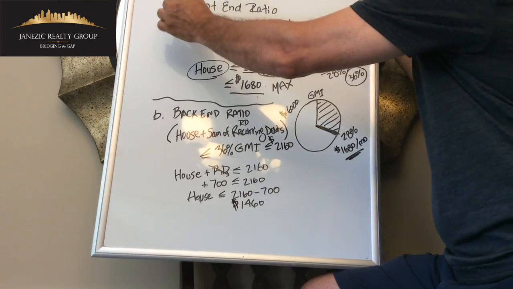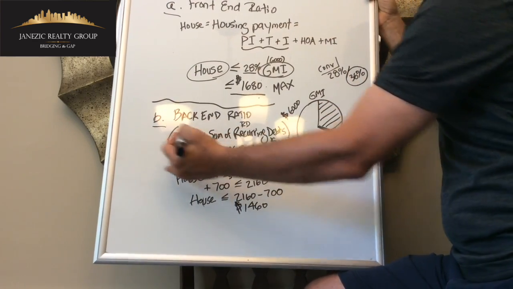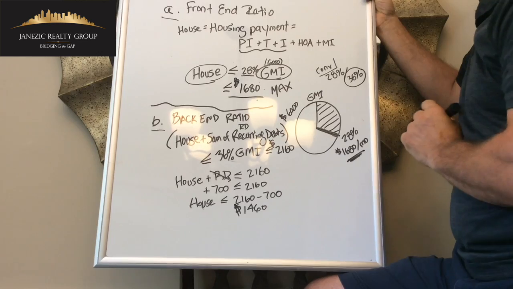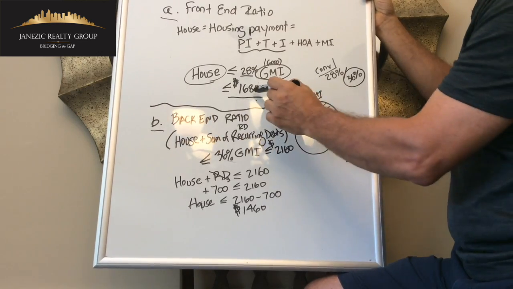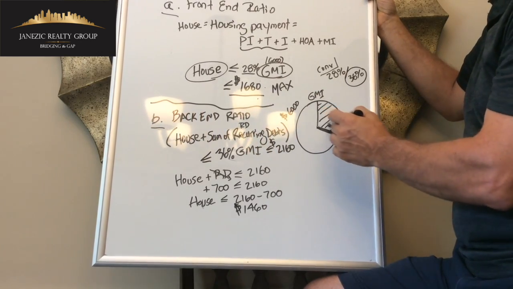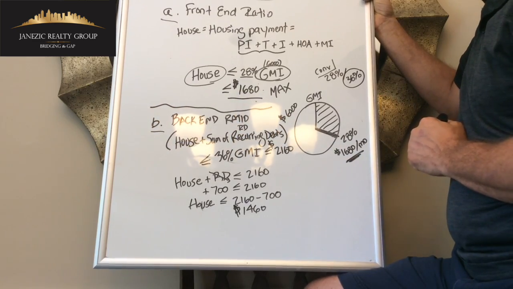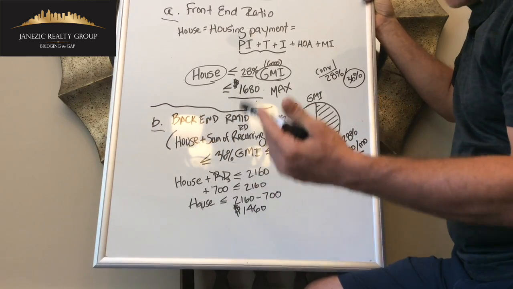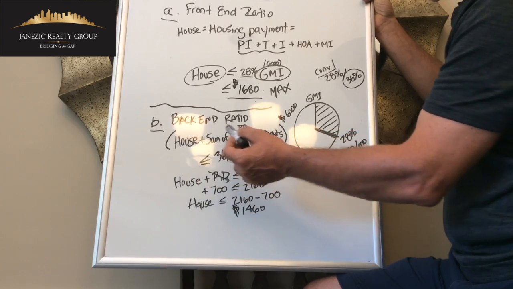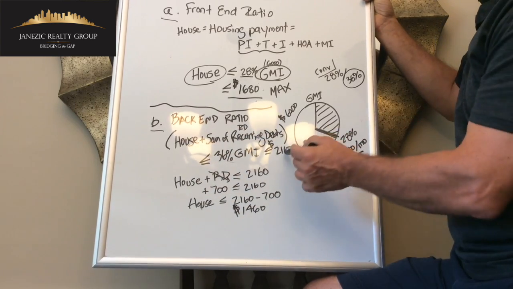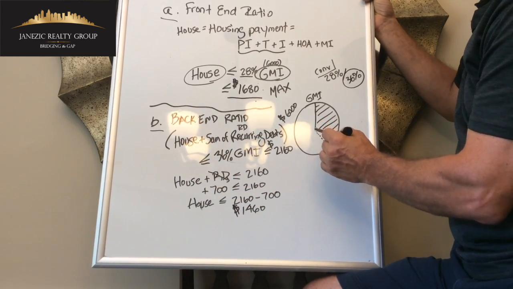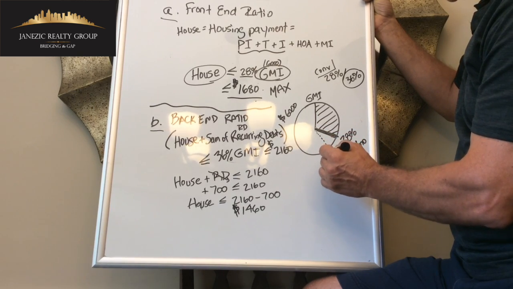So I had test A and I had test B, front end and back end. Never should my payment be more than $1,680. Also, secondarily, that house payment and my recurring debts need to stay less than $2,160.